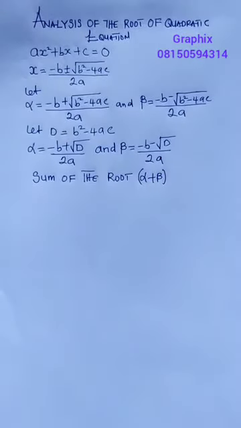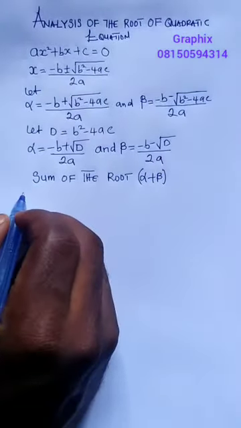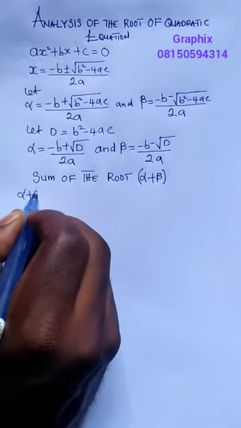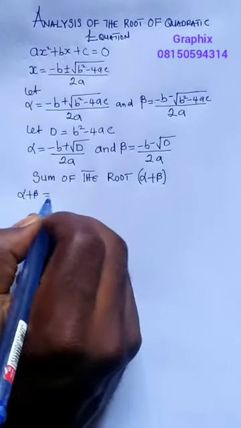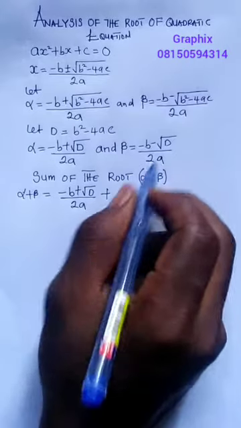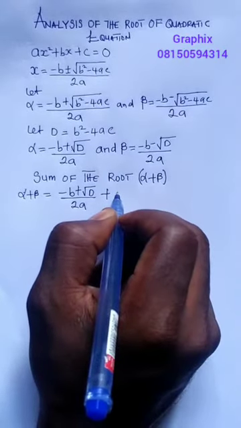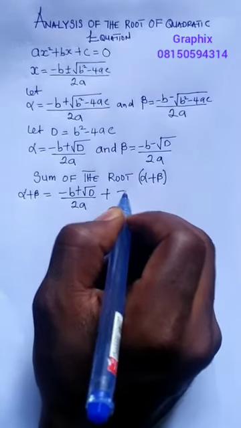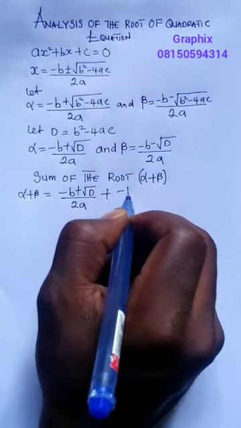So if you are adding alpha plus beta, this will give us, since this is alpha, minus b plus root D all over 2a, plus beta, which is minus b minus root D all over 2a.